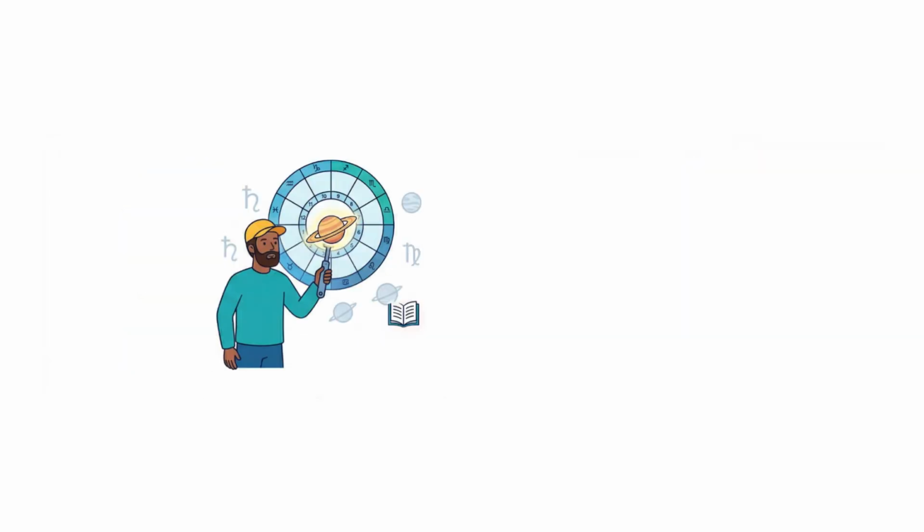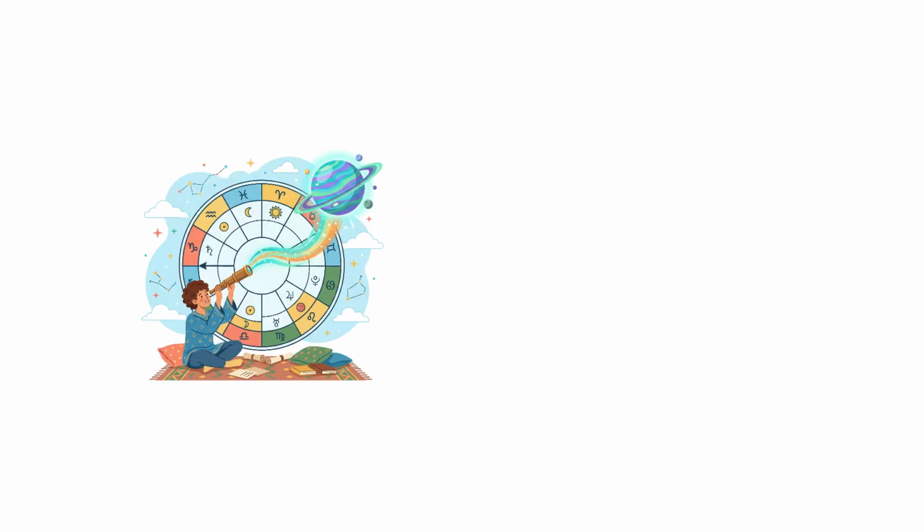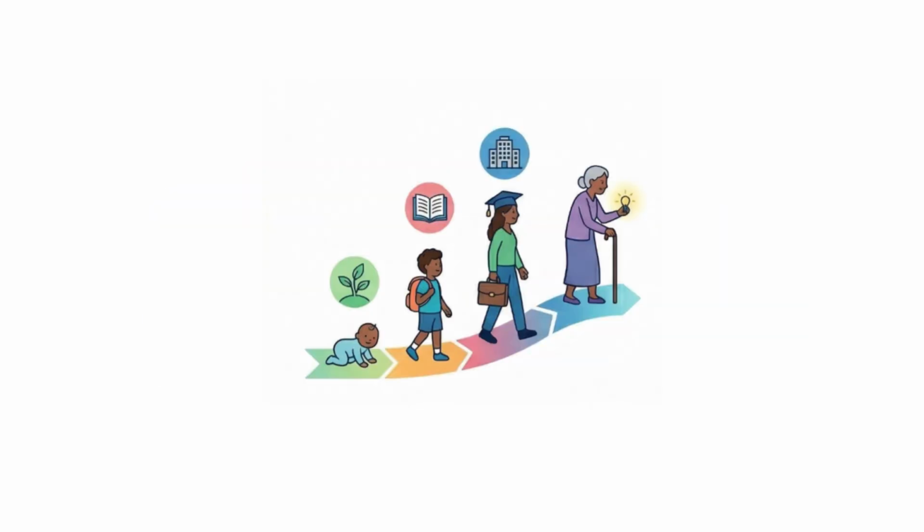Your chart ruler, on the other hand, is the planet that rules the sign your ascendant is in. Where this planet sits, the house and sign, gives deeper details about the qualities you are developing and the areas of life where this growth occurs.